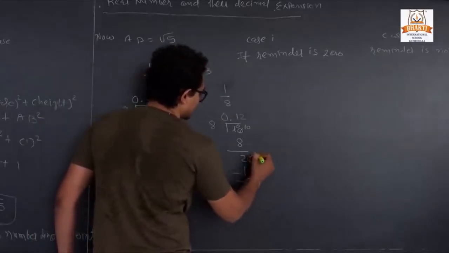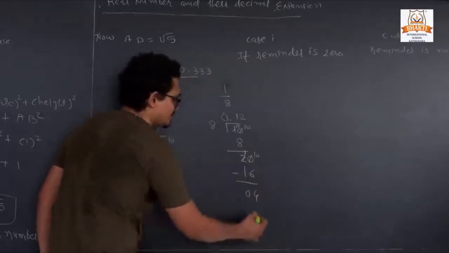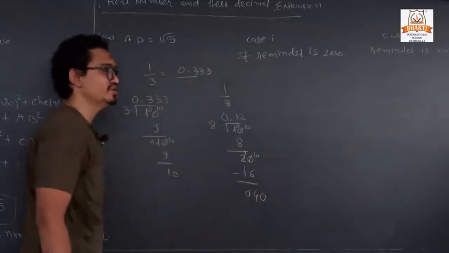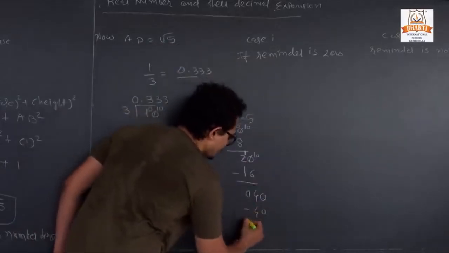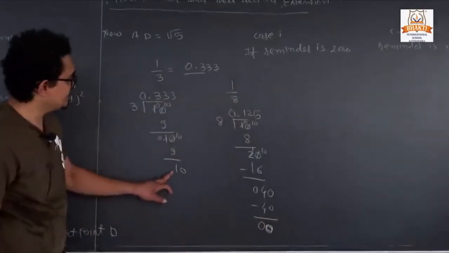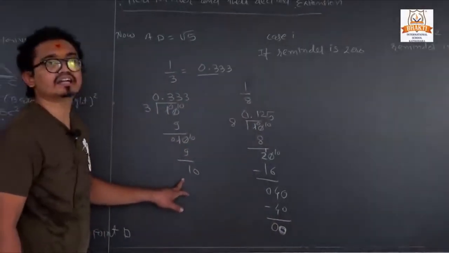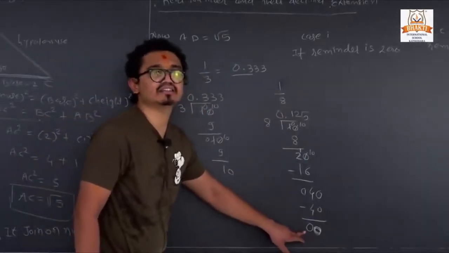So here 10 minus 6 it will be 4, and 1. So it will be 0. Once again we can put 0. So 8 5s are 40. So here we have a remainder of 0. In this case we cannot get a remainder of 0. In this case we can get a remainder of 0.